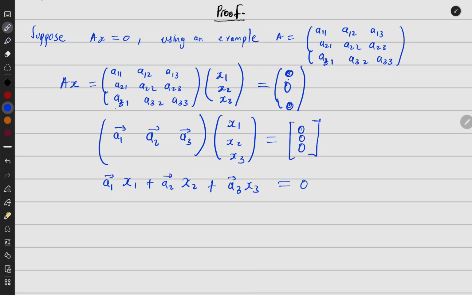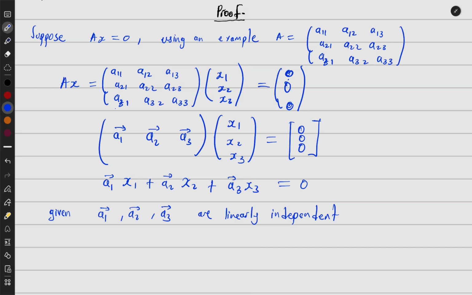So what do we see? We know that these column vectors A1, A2, A3 are linearly independent, meaning that none of them can be expressed in terms of the other two.